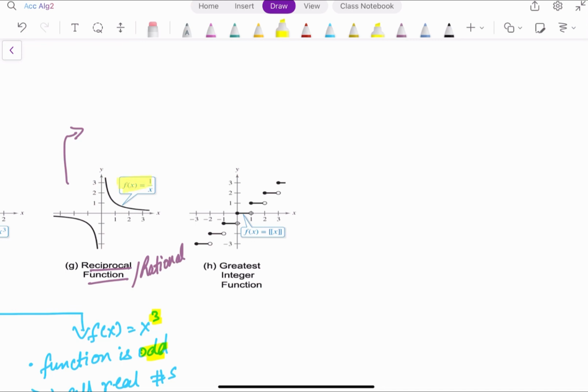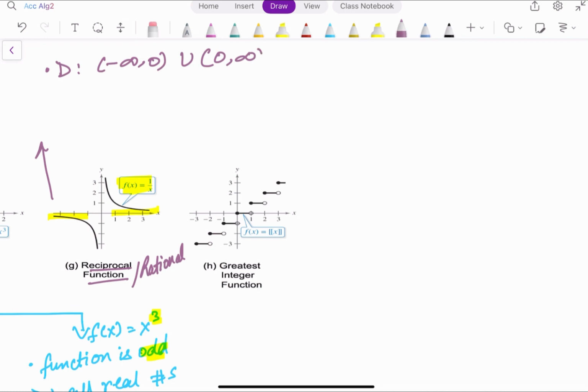So if you look at the parent function, f of x is equal to 1 over x. So when x is 0, it will be undefined, right? That is why the graph is not touching x at 0. So the function is cut into two pieces, or it is two graphs that comprise this function.